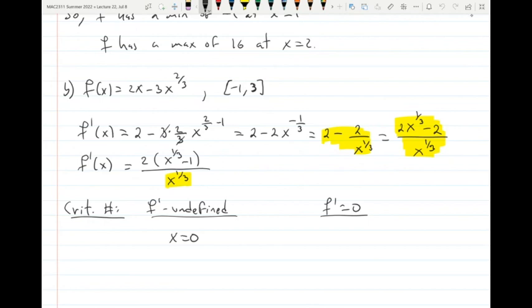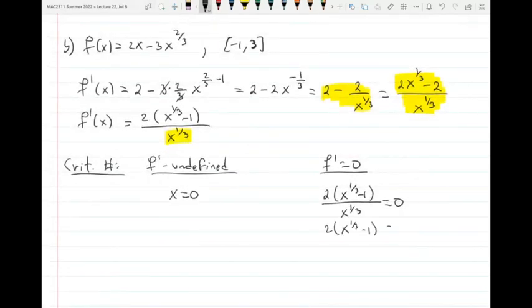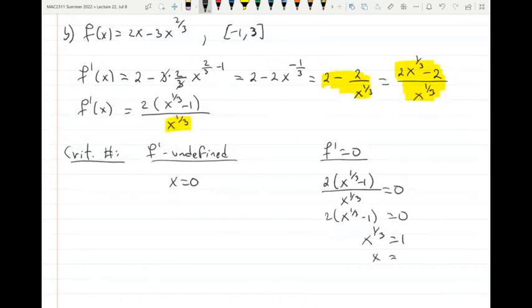Since it's a fraction, the top has to be 0. So 2 times x to the 1/3 minus 1 over this equals 0, which means x to the 1/3 has to be 1. Therefore, x is 1. Just cube both sides. So we found two critical numbers.